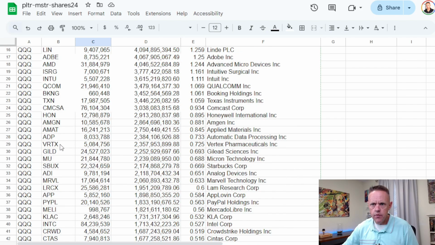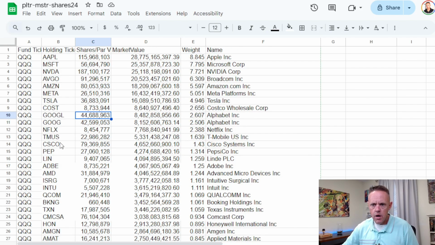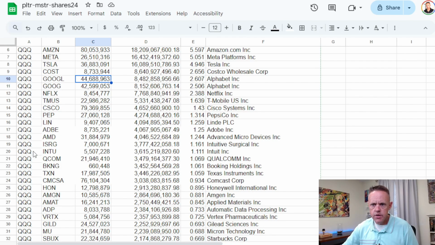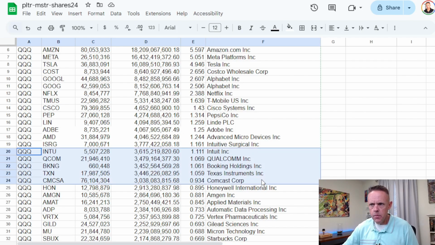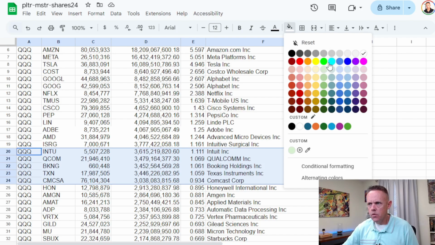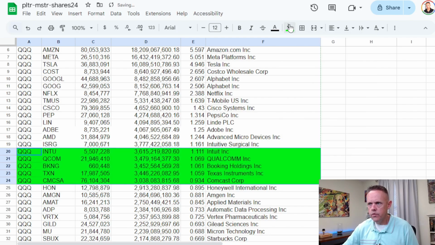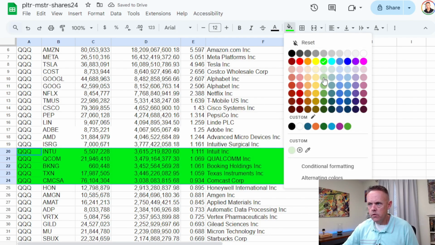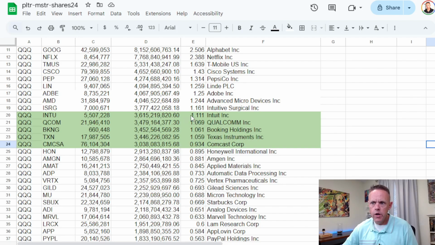Now we'll go back to the Invesco website. And let's see if we can find a couple of these names. And I see Intuit, Qualcomm, Booking Holdings, Texas Instruments, and Comcast here. So I will highlight those. Oof, that's bright. Let's try this. And within the green rows, we can check this weightings column.